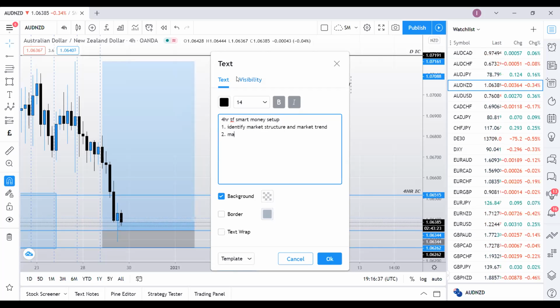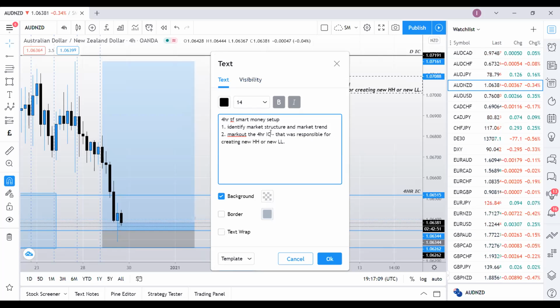Then mark out the 4 hour IC candle, the one responsible for creating a new higher high or new lower low.